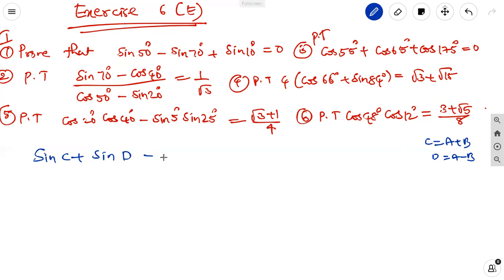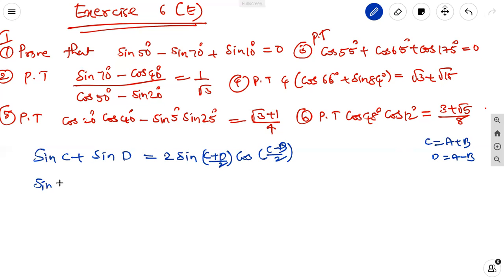We are getting it equal to 2 sin of C plus D by 2 and cos of C minus D by 2. It is the one formula.